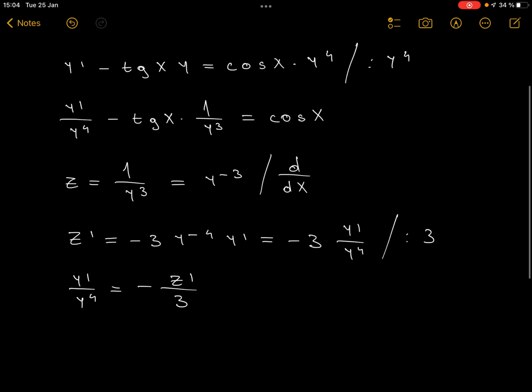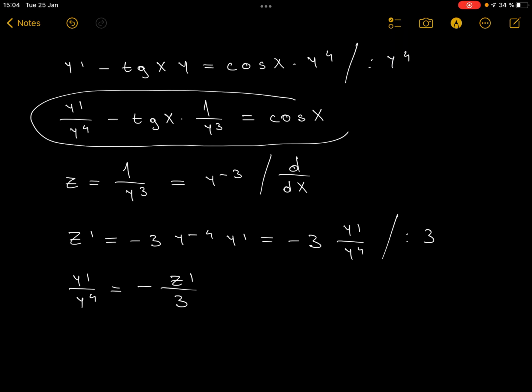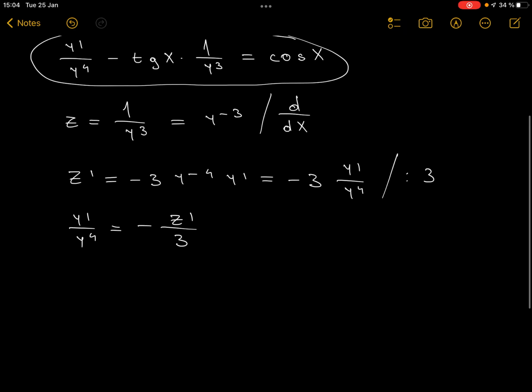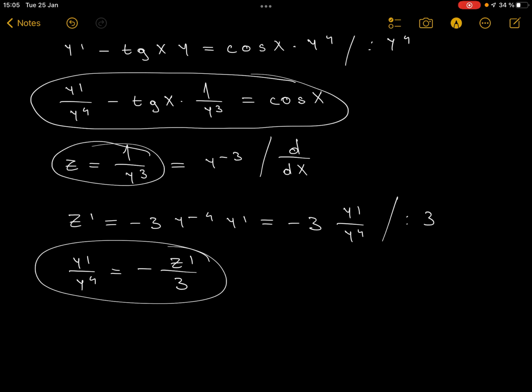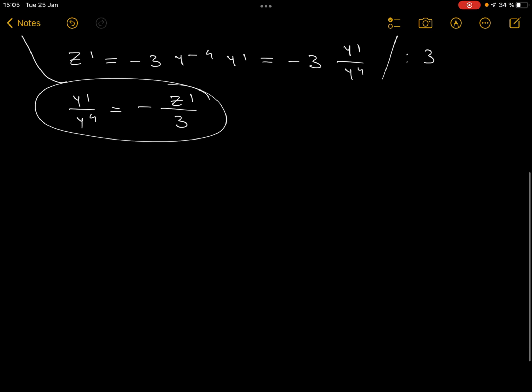Okay, with that in mind, we can now go back to this equation and we'll substitute in this and this. So here and here, right?